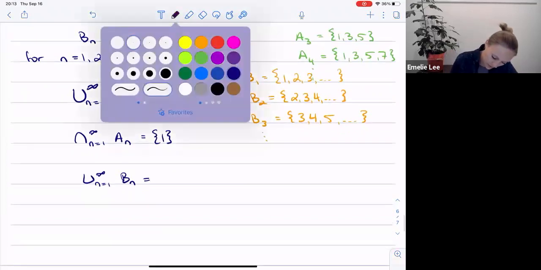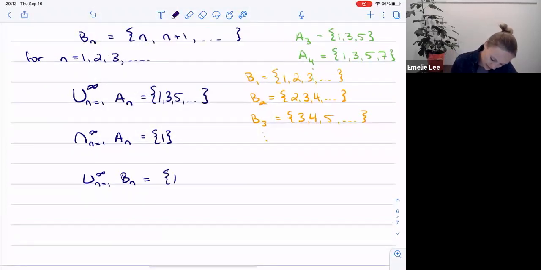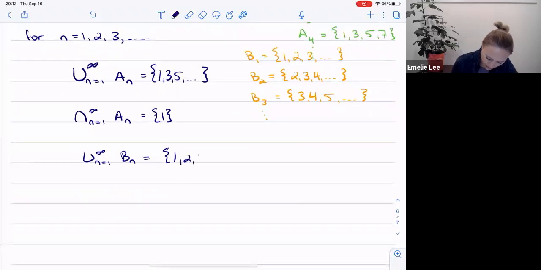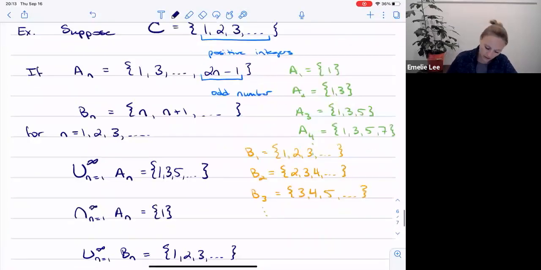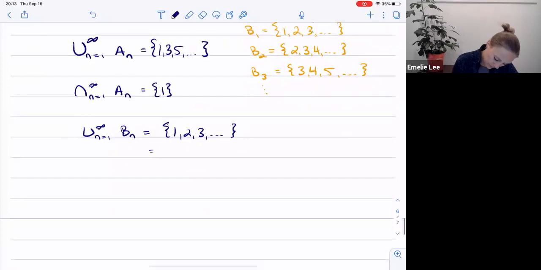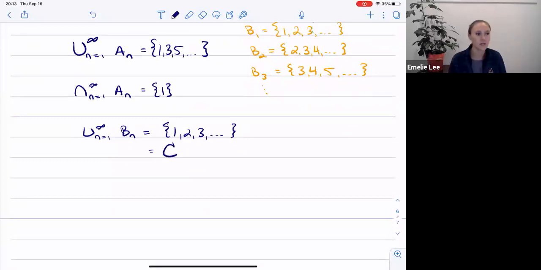So it's going to be the set from 1, 2, 3, and so on and so forth. Notice that that's also the sample space. So I'm going to make a note of that, which is the sample space. There, that's nicer.